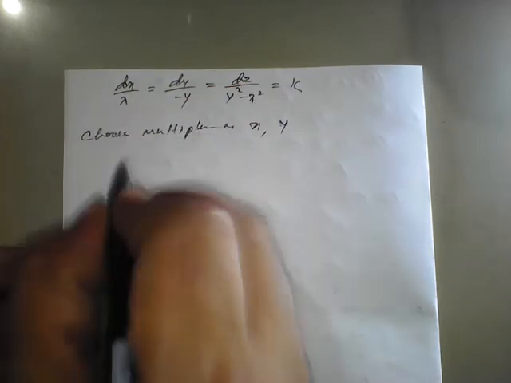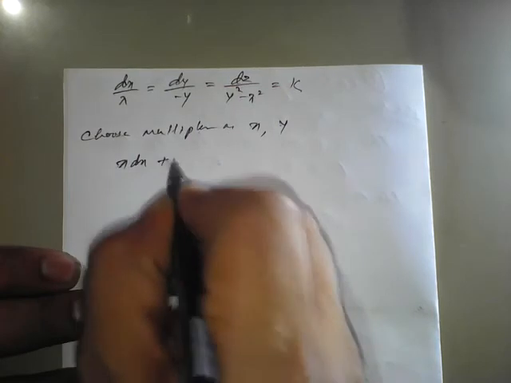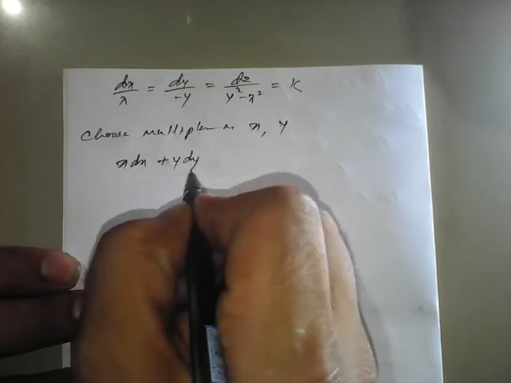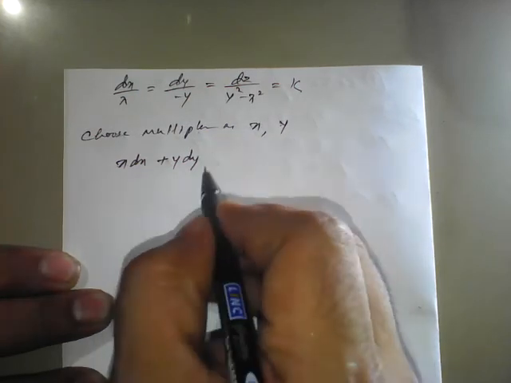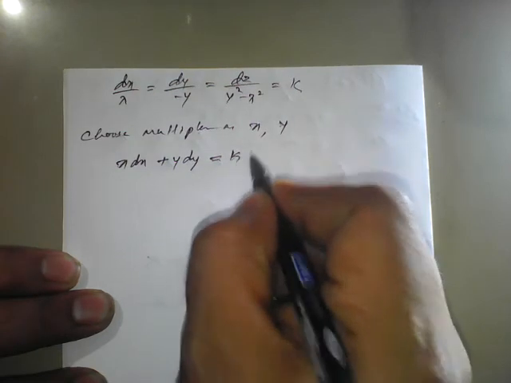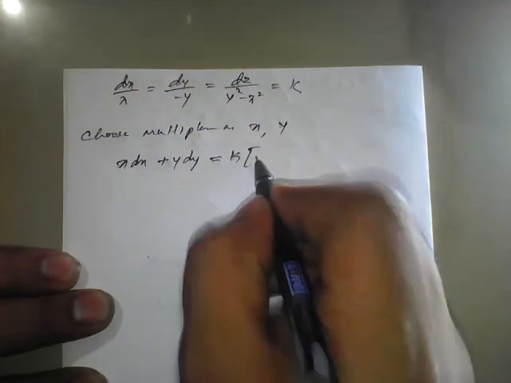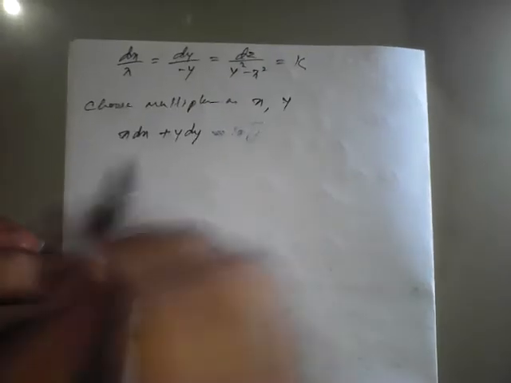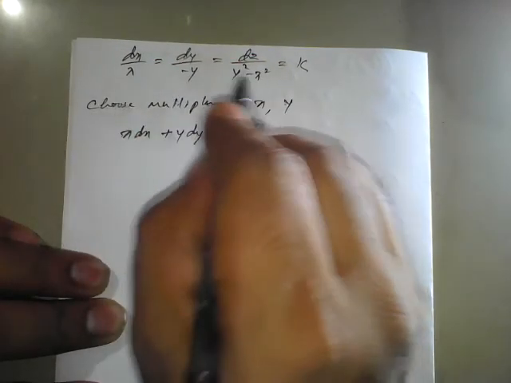It will be x dx, so the sign is plus, plus y dy is equal to k times. So I will repeat, choose the multipliers as x here and y here.